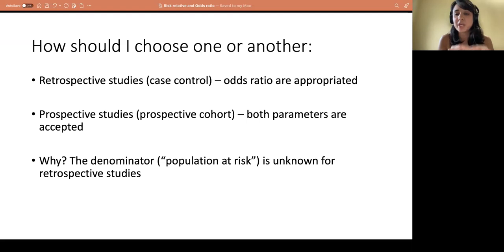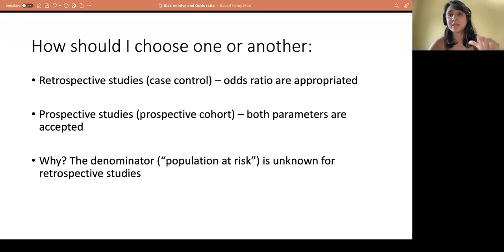So the population at risk is unknown. Odds ratio is the adequate parameter to investigate statistically if the risk factor that you planned a priori to investigate is a real risk factor for the condition.